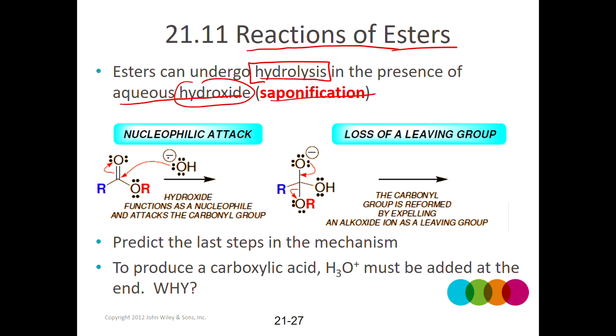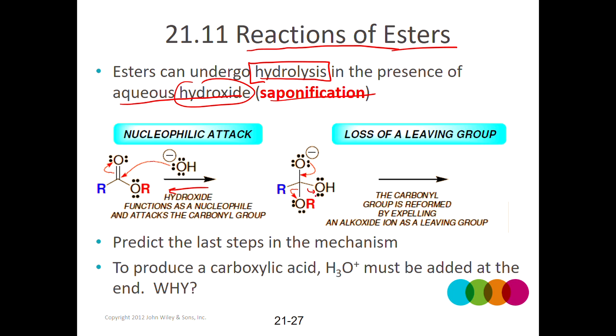Instead, the strong base, the hydroxide, will attack here, pushing electrons up to make this intermediate. Then when the electrons swing back in, it'll push out this leaving group. So why would it push out this leaving group instead of the hydroxide? Because if the electrons swing in and push out the hydroxide, it could go back.